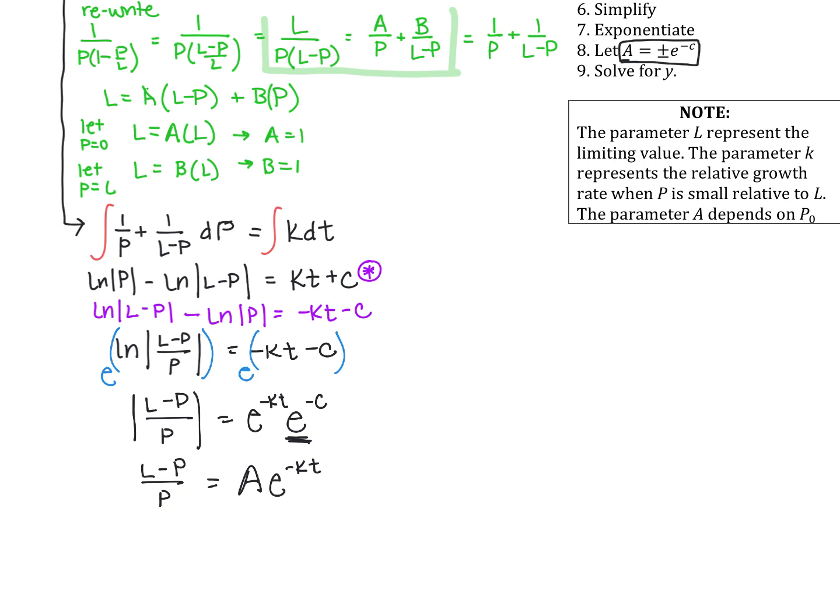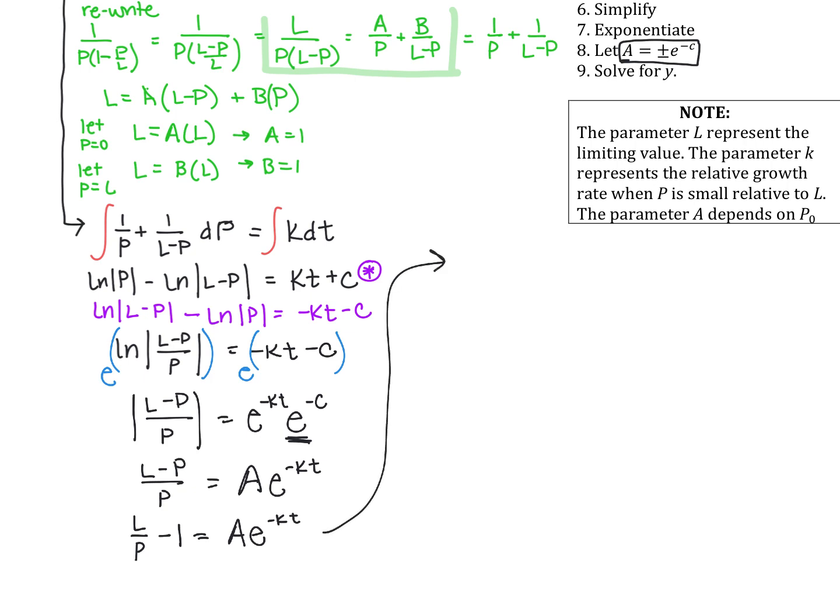Now my goal is to get P by itself. And at the moment, P can't be by itself. So the reason we went ahead and switched that natural log up above is because now I can rewrite this as L over P minus 1 equals A e to the negative KT.